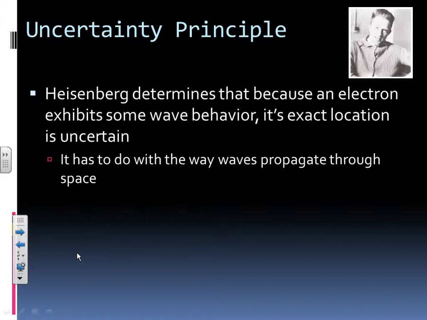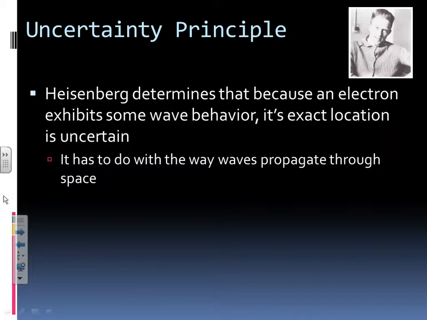So, Heisenberg shows that because an electron is matter, but matter isn't sometimes matter the way we think of it, that we will never know exactly where and how fast an electron is going.